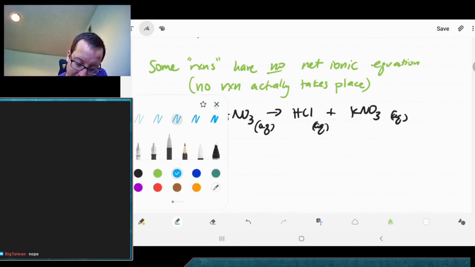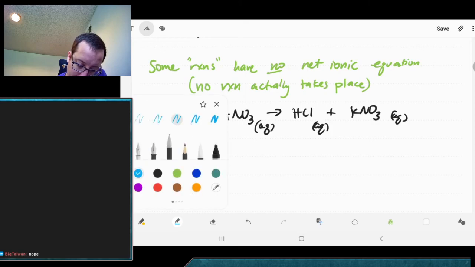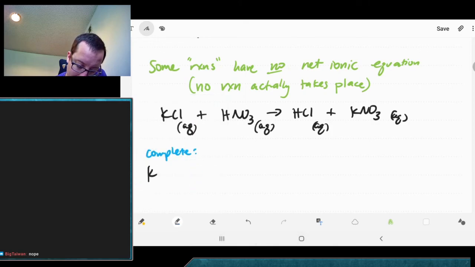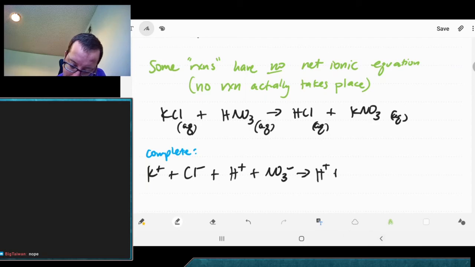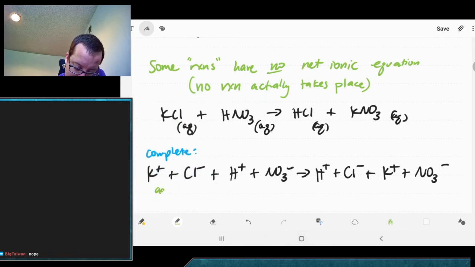If we look at the complete ionic equation, technically we've got to write aqueous on all these things, don't we? So let's just copy paste that because I'm lazy.